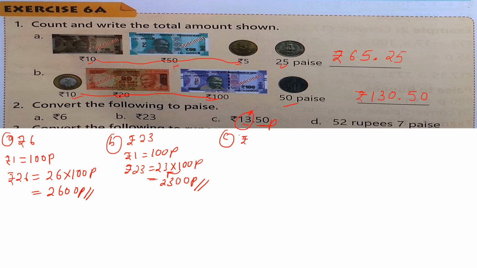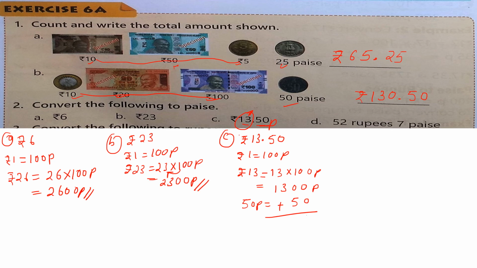Rupees 13.50. 1 rupee is equal to 100 pies, and rupees 13 is equal to 13 multiplied by 100 pies, which is 13 ones are 13 and 00, and 50 pies. Just add it here, 50. So 1350.